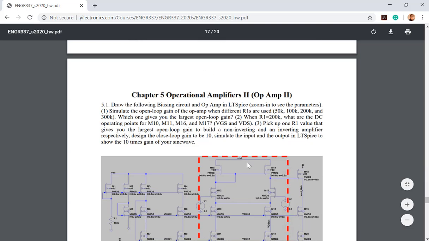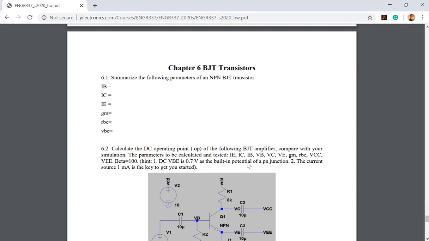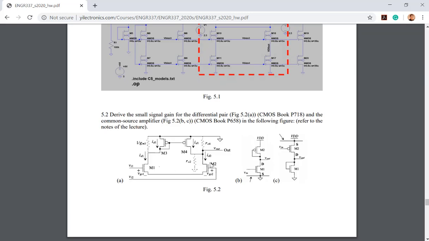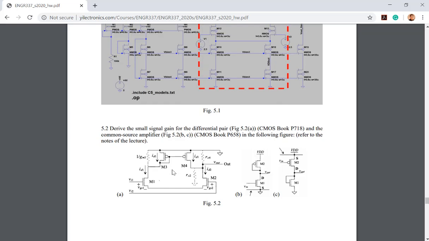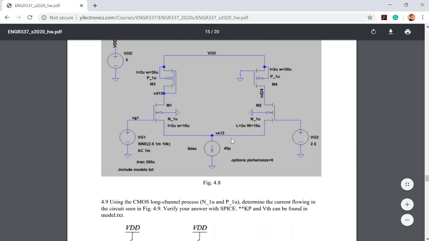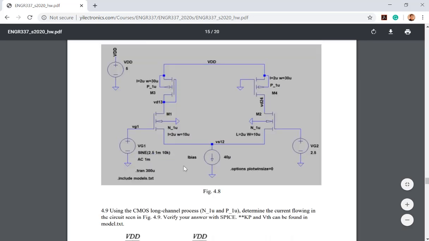If you want to look at how the AC voltage gain was derived from here, you can look at the CMOS book. It has the entire derivation process over there. And be careful, okay?